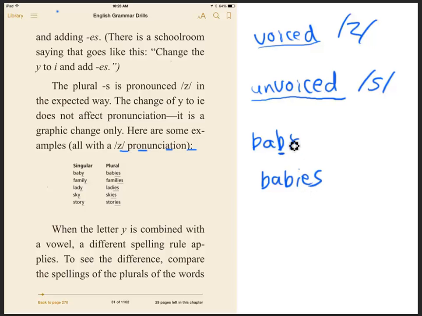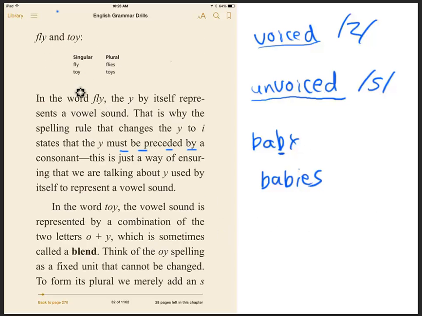The only way it's not true is if the Y is with another vowel. Okay. So for example, fly. If you were to look at the word fly, the Y is acting like a vowel all by itself.